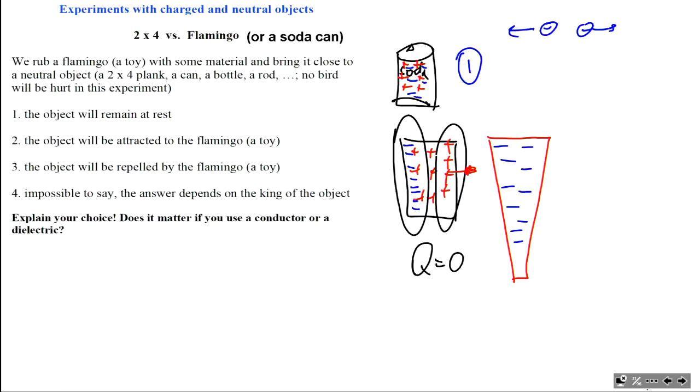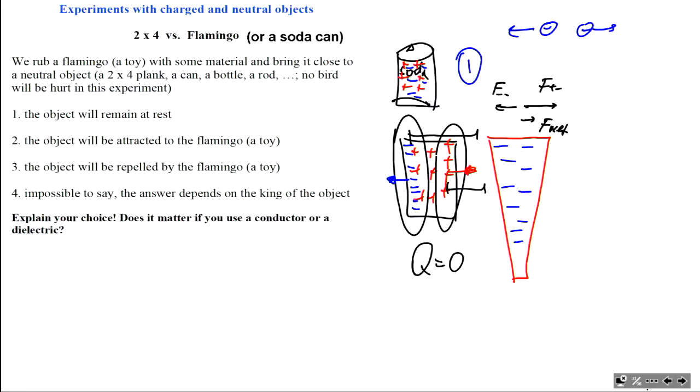There is, of course, some repulsion, but because the distance between positive charges and the bat is less than the distance between negative charges and the bat, the force of attraction is stronger than the force of repulsion. So there is a net force which we observe. This is just an example of reasoning. How do we explain the phenomenon based on the fact that only electrons can move and they repel each other?